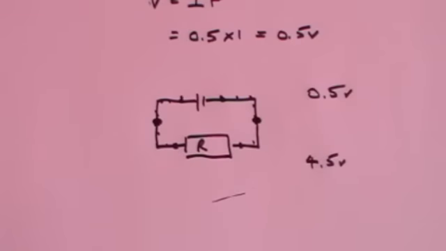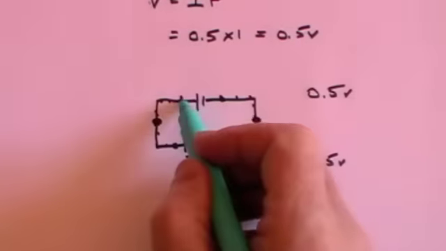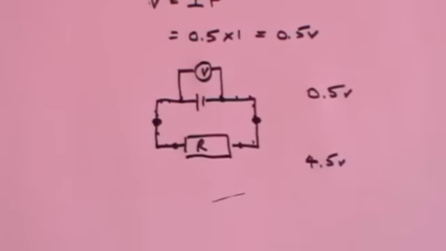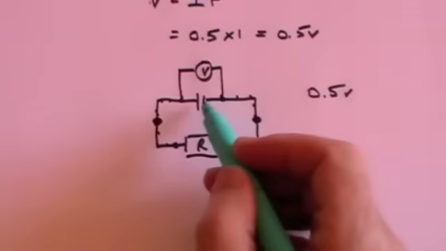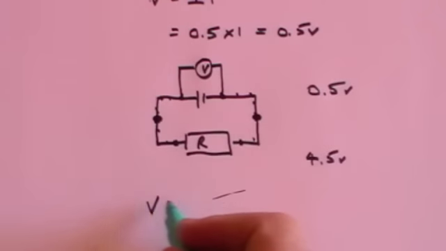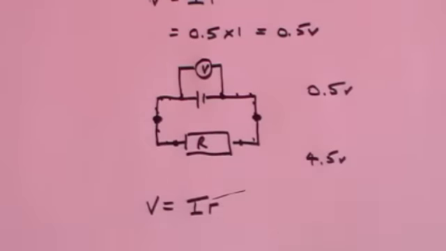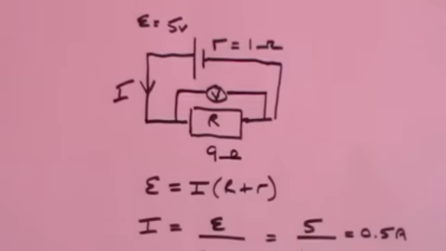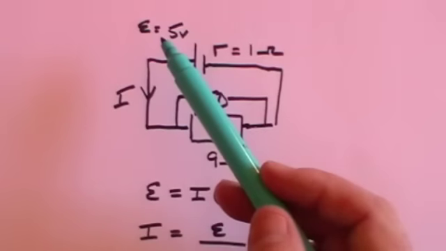Well, of course, the answer is that when you put the voltmeter across here, you are not simply measuring the voltage drop across the internal resistance of the battery. In other words, it's not just Ir. When you put the voltmeter across here, you're also measuring the EMF of the battery.